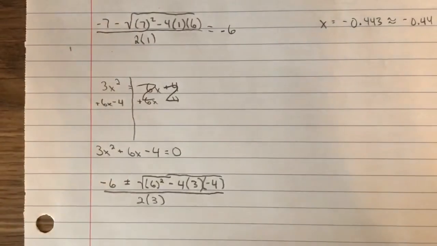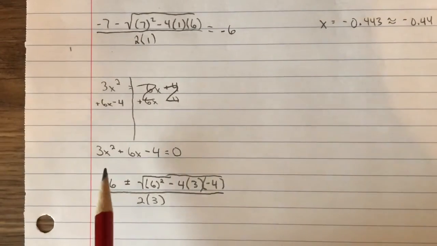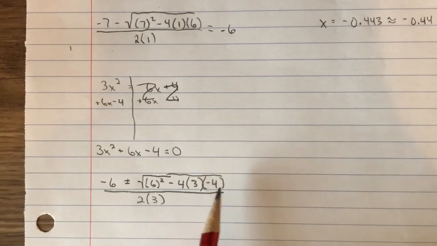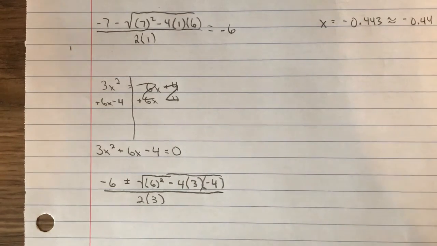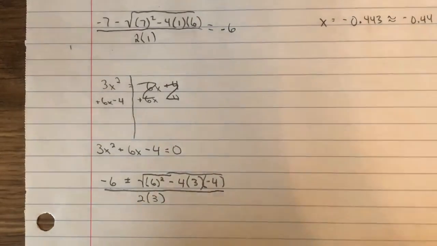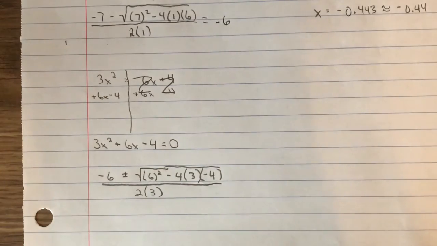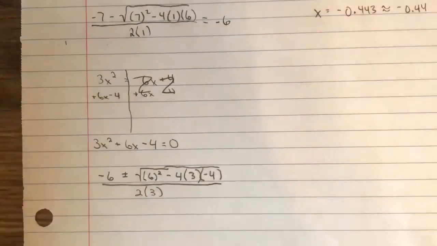All of that is divided by 2 times a, which is 3. All right, so again, opposite of b, plus or minus the square root of b squared minus 4 times a times c, divided by 2a. All right, now I'm going to do the same thing I've done before. I'm going to put that in my calculator, and I'm going to find my answer.